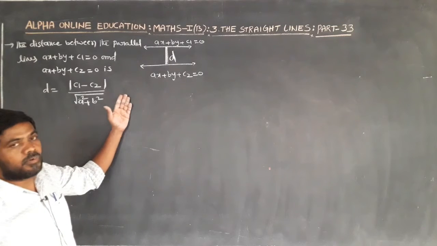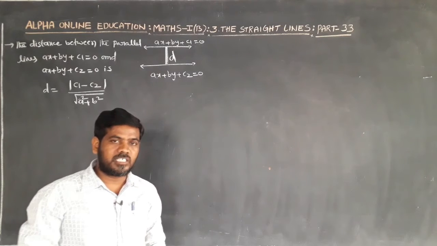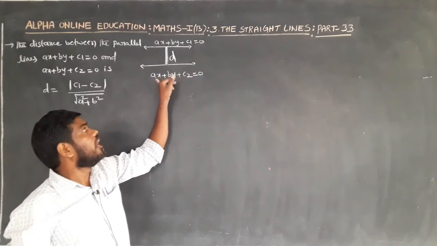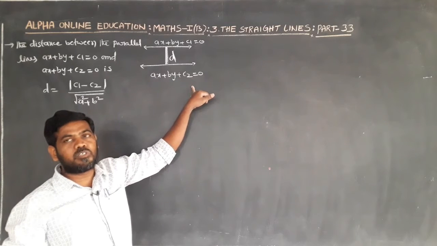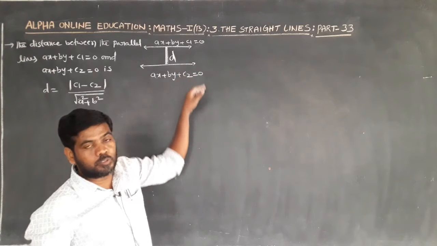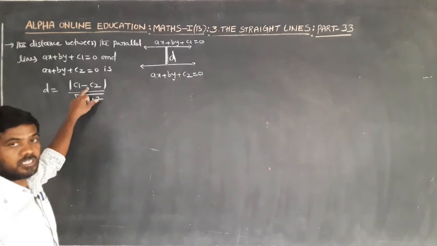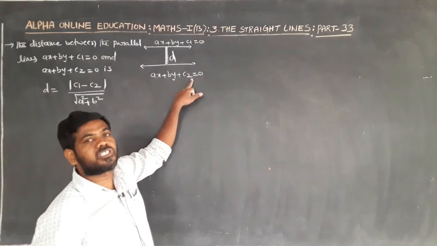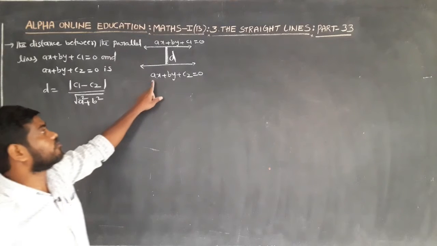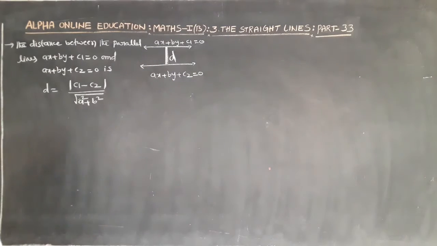By using the formula, the distance between the two parallel lines Ax + By + C1 = 0 and Ax + By + C2 = 0 is mod of C1 minus C2, the difference of the constants, divided by the square root of A square plus B square. A square means x coefficient squared, B square means y coefficient squared.